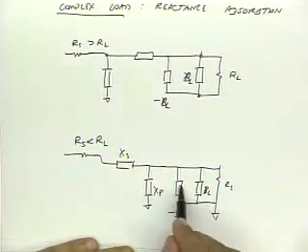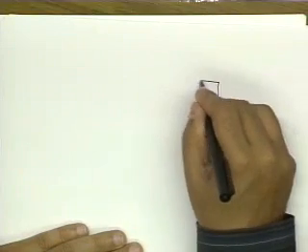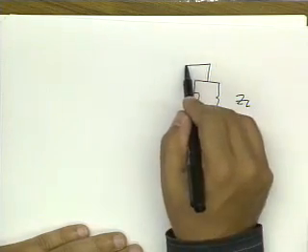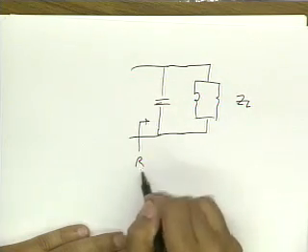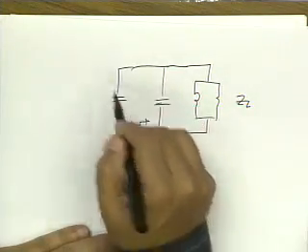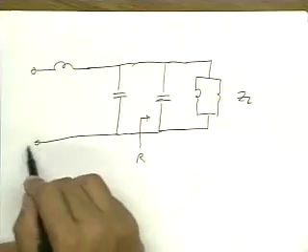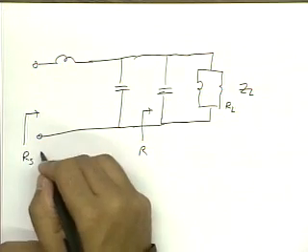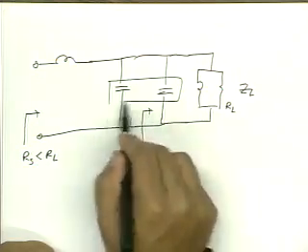And now you notice that this and this together can get absorbed together. So for instance, let me just do a real example. Let's say this is my load. First of all, I put a capacitor across here so that from here I just see R. And then I put another matching network here. And so here I just see an RS, which is less than RL, and I notice that this extra capacitor could just get absorbed into one capacitor.